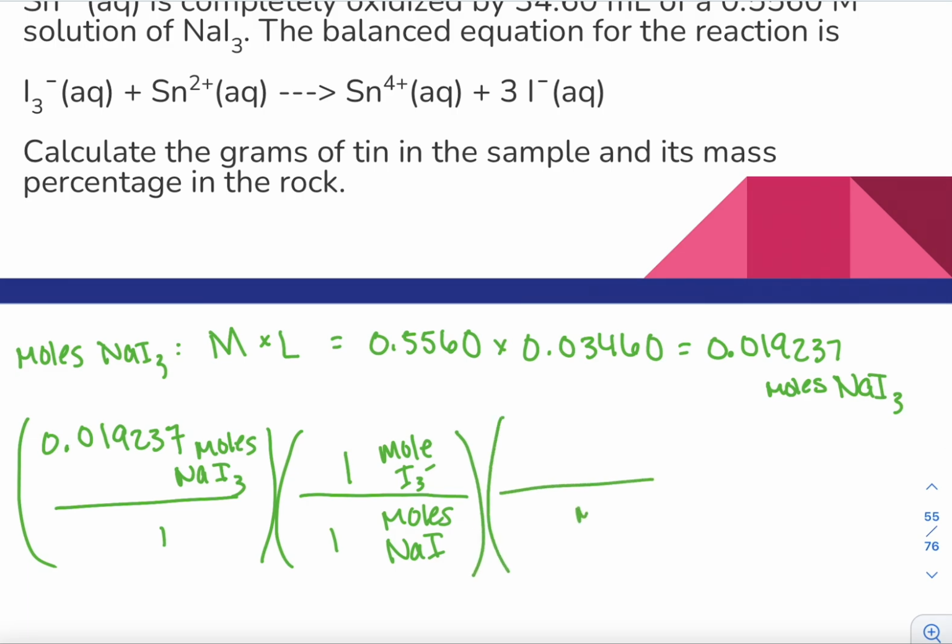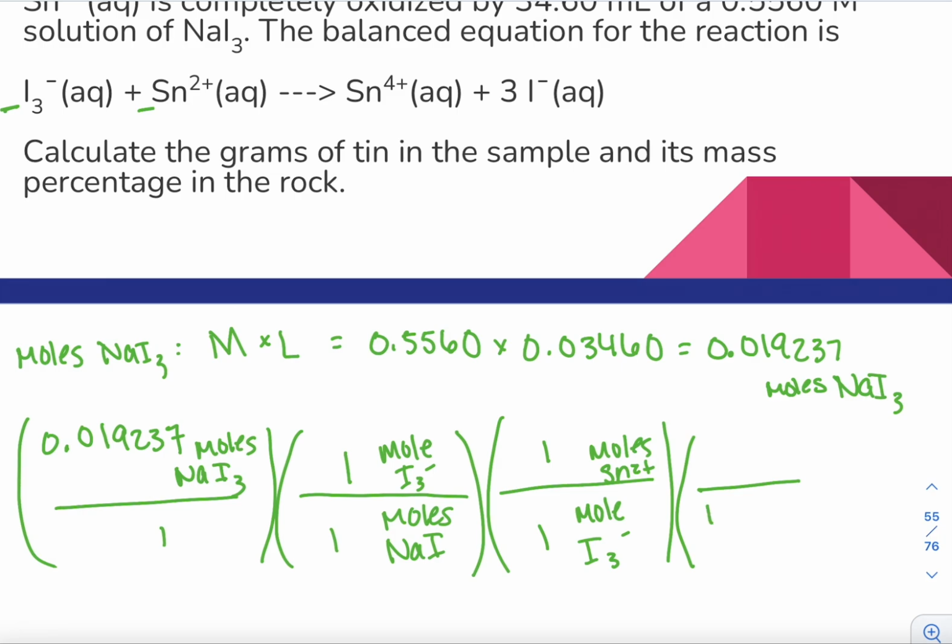All right, so then we'll do 1 mole of I3 minus, 1 mole of Sn2 plus. They both have a 1 in front of them in the reaction.